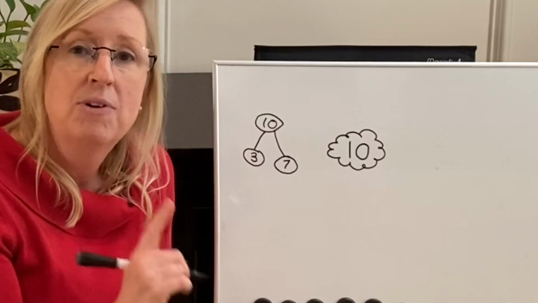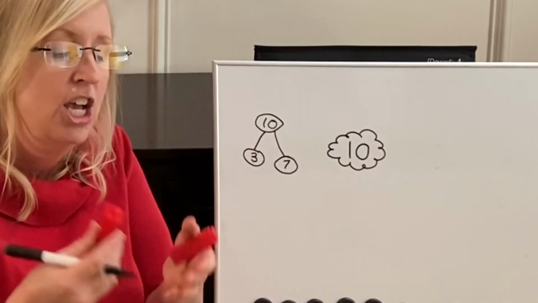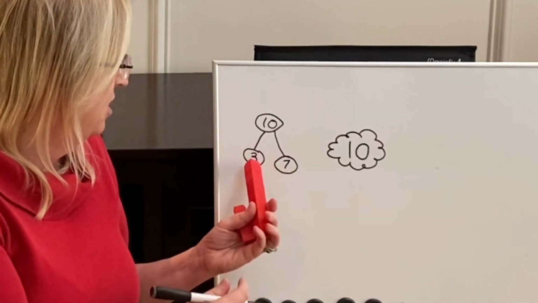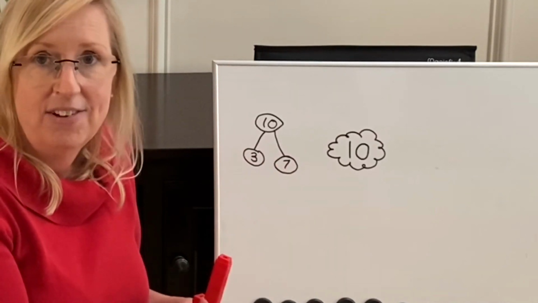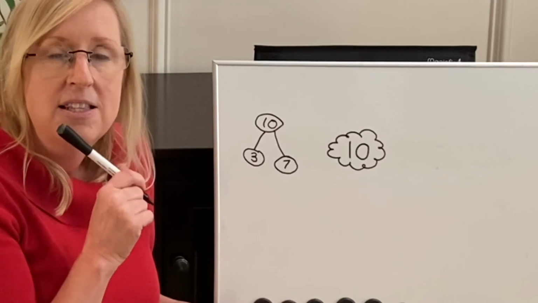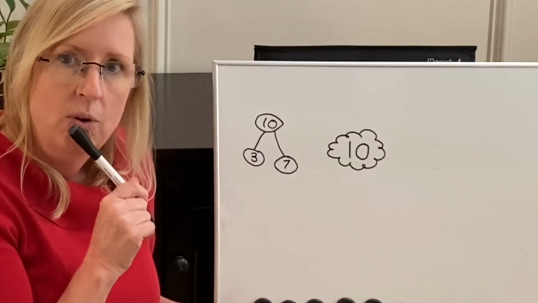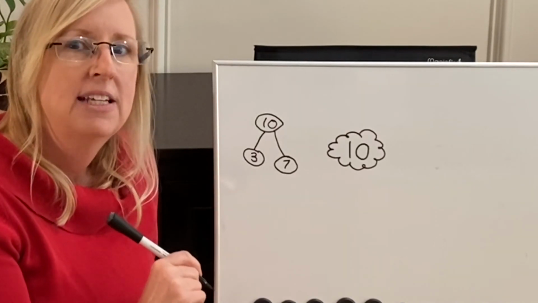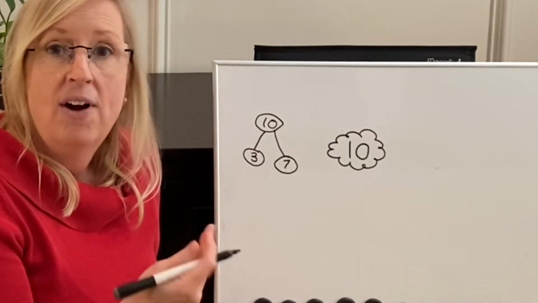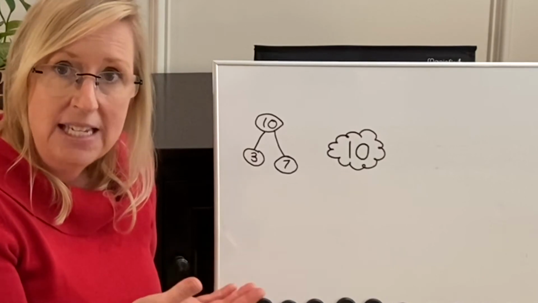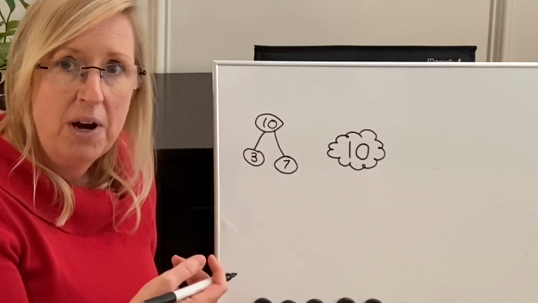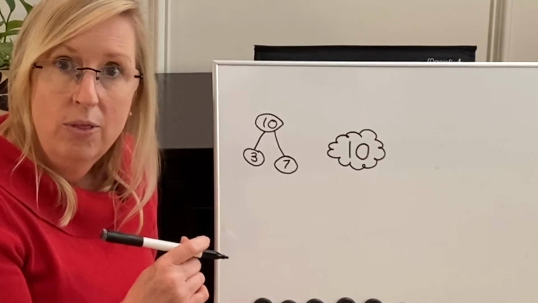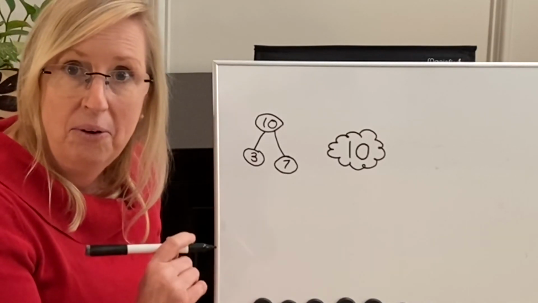And I want to write two number sentences using the same numbers that will use 10, 3, and 7. Let's think of an addition one. Addition is putting things together. Now I can start with the sum 10, or I can start with the parts. What should I start with? The parts, you say. Okay.